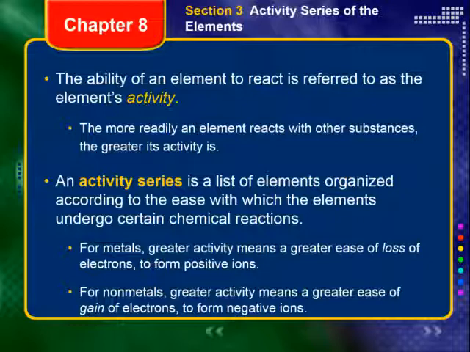For example, for metals, greater activity means a greater ease of loss of electrons to form positive ions, cations. Remember, in order to satisfy that octet rule, metals tend to lose their electrons. So how easily are they going to lose electrons? Not all of them lose electrons with the same ease. The metals that lose electrons more easily are more reactive and are said to have a greater activity.